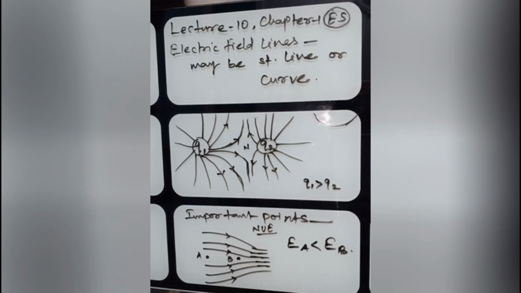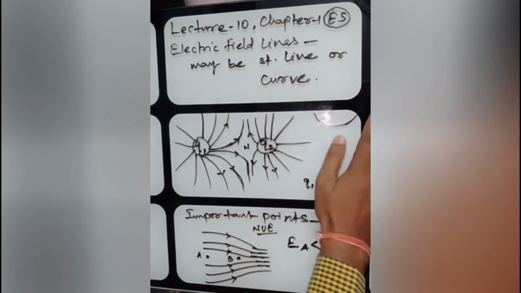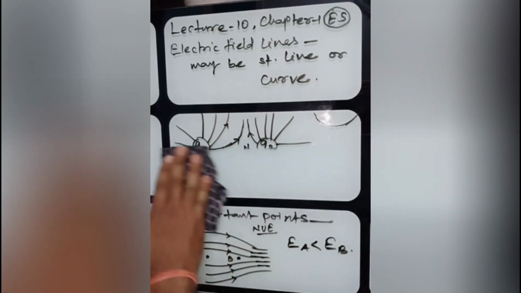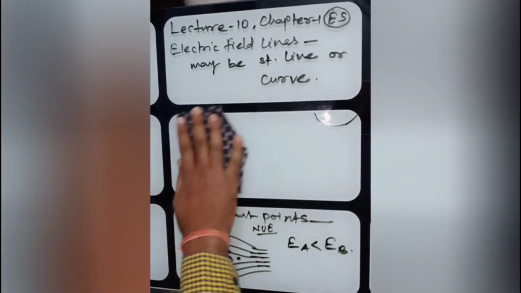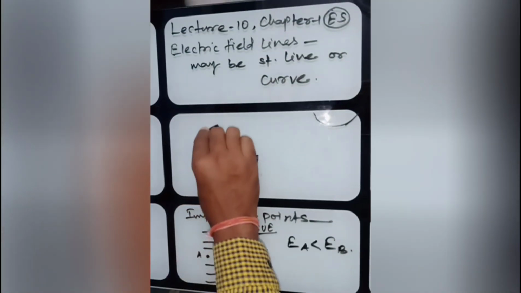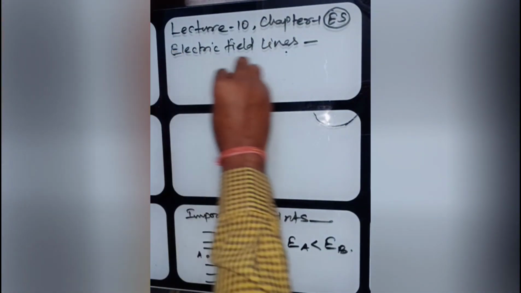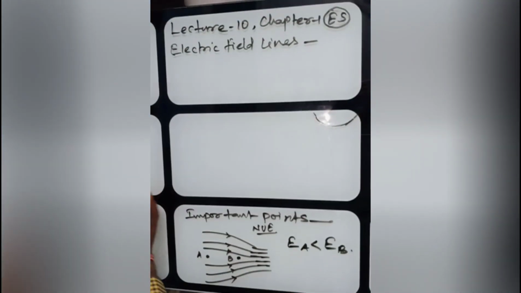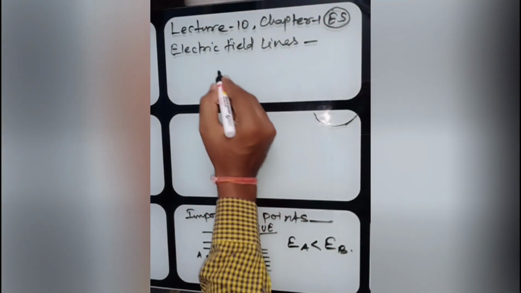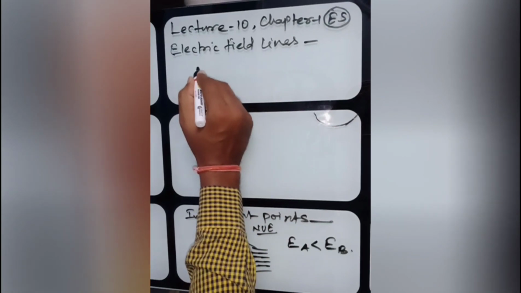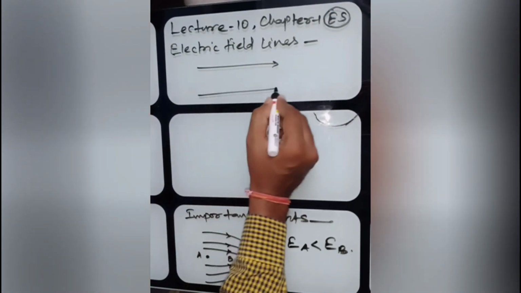In case the question is coming to your mind, what will happen in case of uniform electric field? If this is a uniform electric field, remember, uniform electric field must be represented as a straight line.